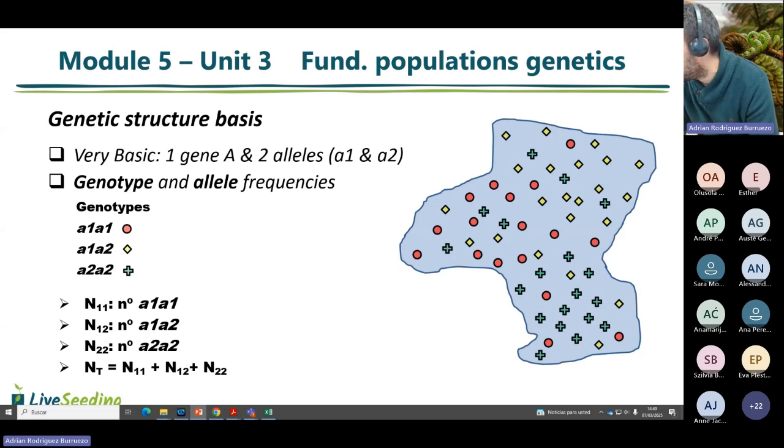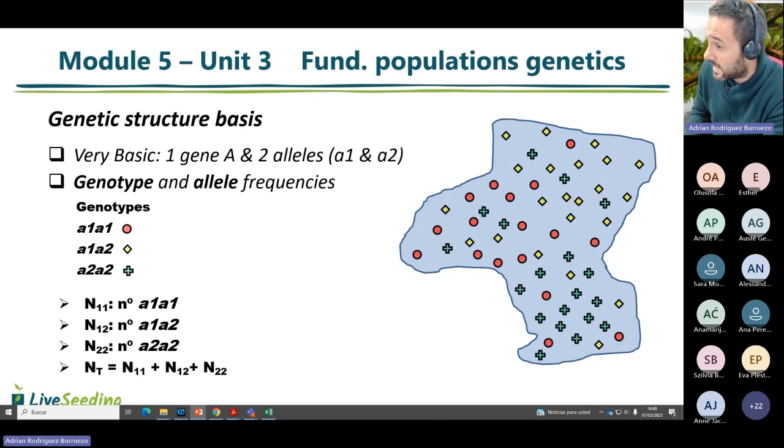So you have several red points which represent A1 A1 homozygous individuals, A1 A2 the yellow squares, and A2 A2 the plus symbol in green. So with this, you can count at home the number of individuals in each category or genotype. So this is the first important thing.